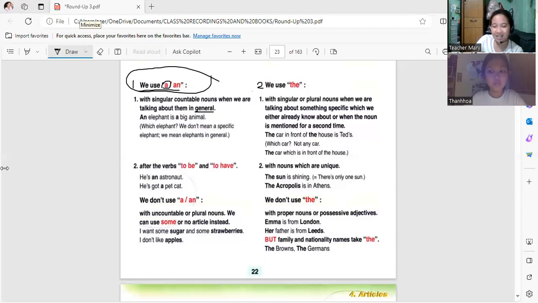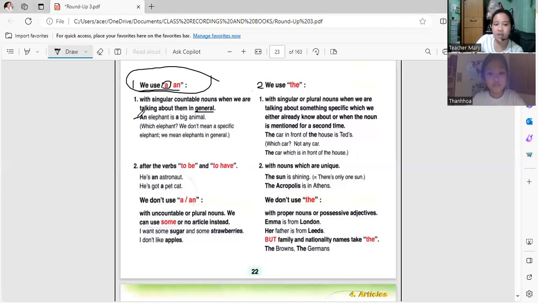Okay? All right. So for this example, can you read, please? Elephant is a big animal. All right. Okay. There's an and a, right? Did you see it? Okay. So an elephant. Elephant starts with a vowel letter. So it has an.